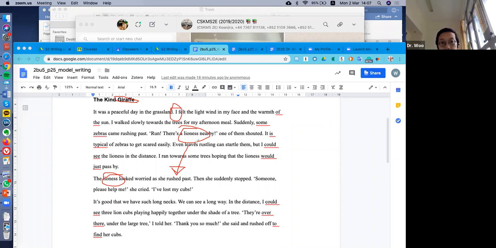So this is a very surprise ending. The solution is actually to a problem we didn't think about. We thought the problem was the lioness, but actually the lioness had a different problem.